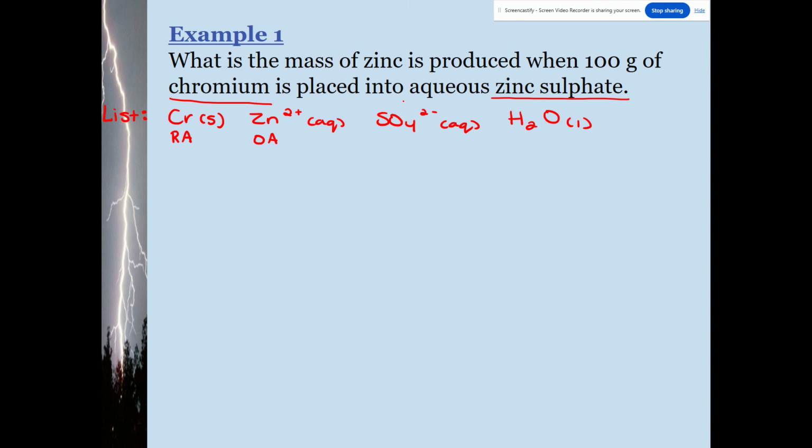We have sulfate ions, which are an OA with water, and water again is on both sides. Then you pick the strongest oxidizing agent, which is the one at the top on the left-hand side, and the strongest reducing agent, which is the one closest to the bottom on the right-hand side. And then you write those reactions.